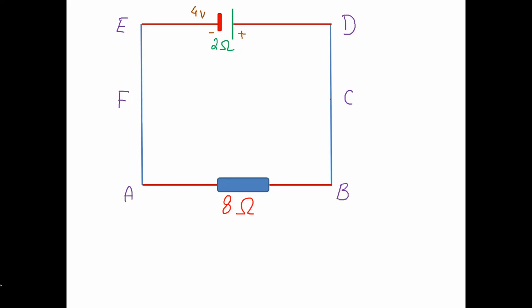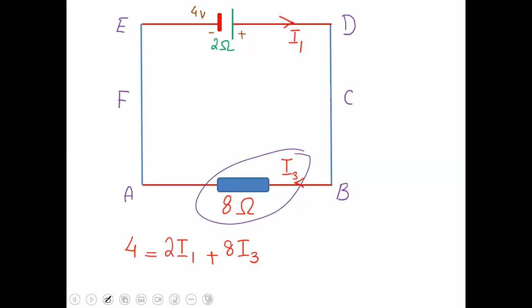You find I using 4 V and 2 ohms. And you have to consider 2 ohm also. So 4 is equal to 2 I1 plus 8 I3. Always take the neighbor current for every resistor.